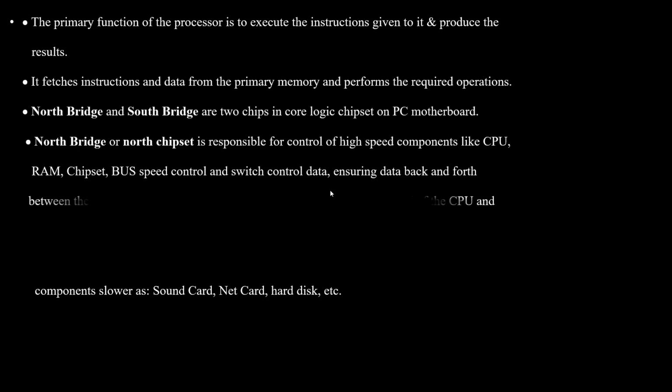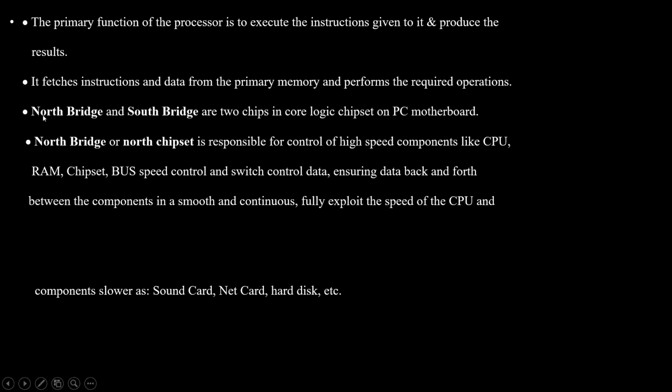The primary function of the CPU is to execute instructions to produce a result. The fetch of an instruction is performed before the operation. There will be two bridges, the north bridge and the south bridge.